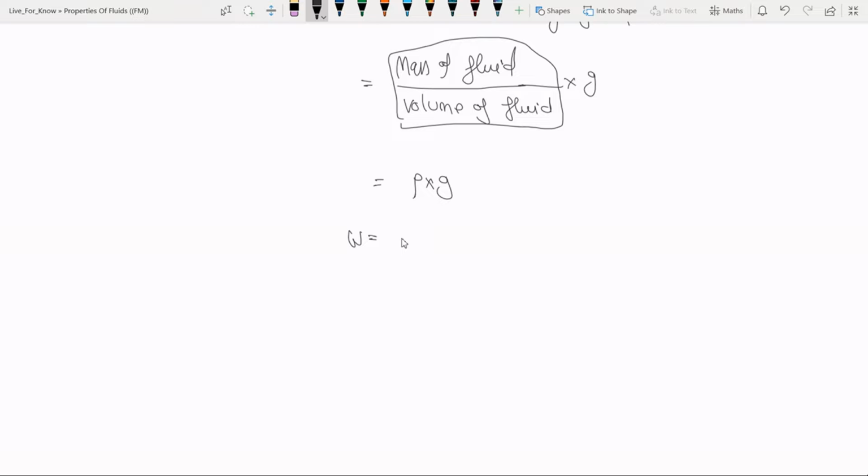So w is equal to rho g. Okay, so it is simple.